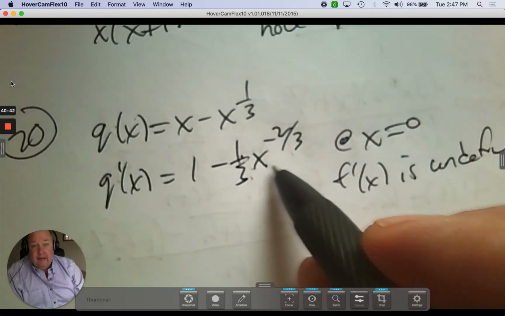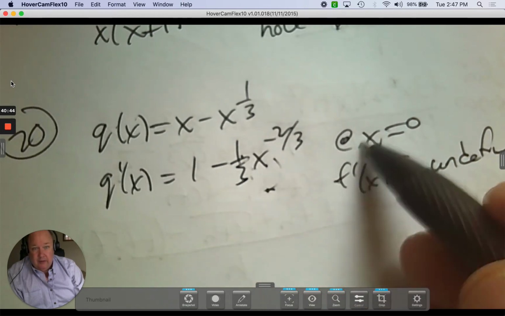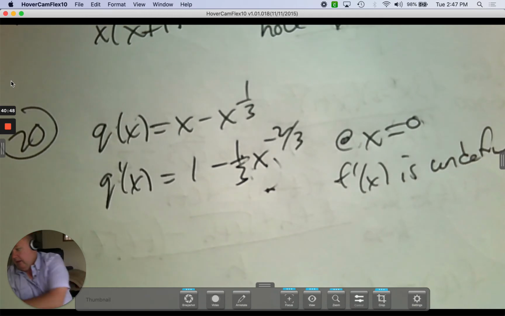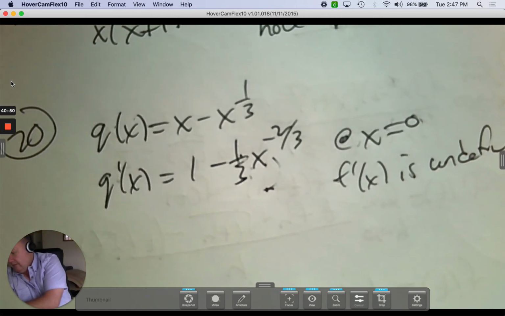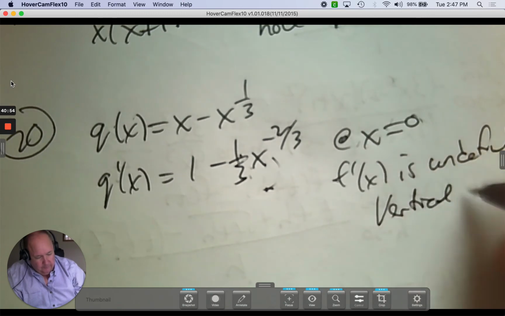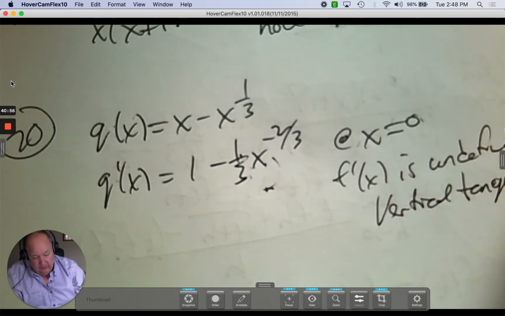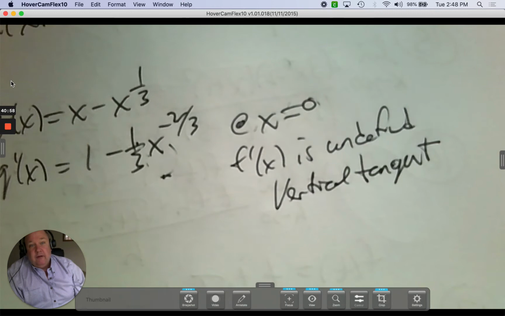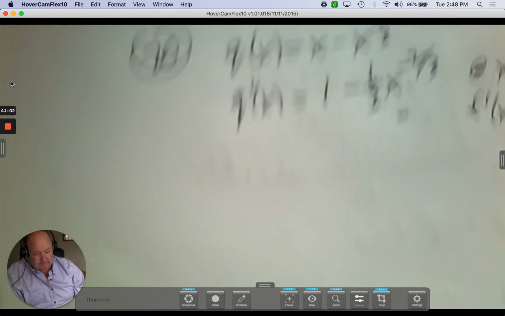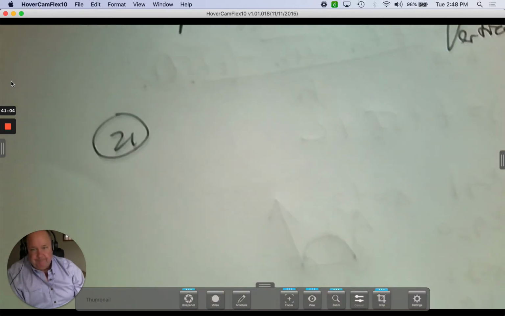So when you have a negative exponent, it belongs in the denominator, and 0 would make it undefined. 21. There's a vertical tangent there. A vertical tangent means it's continuous, but the graph has a vertical part to it.